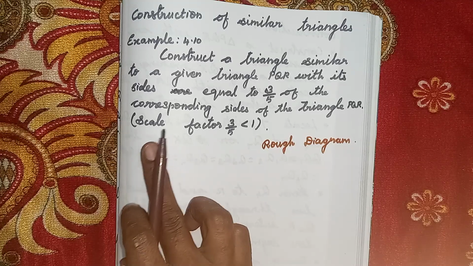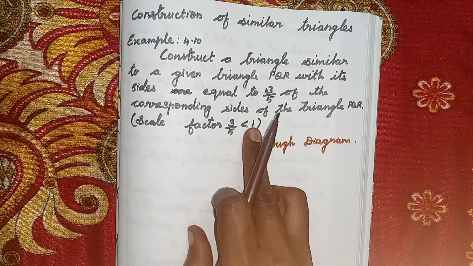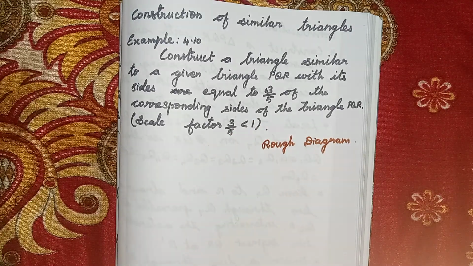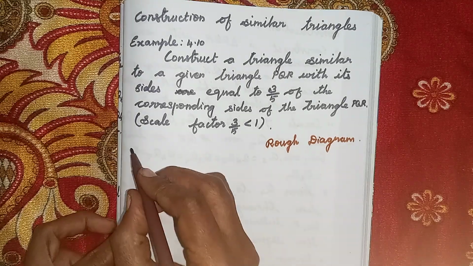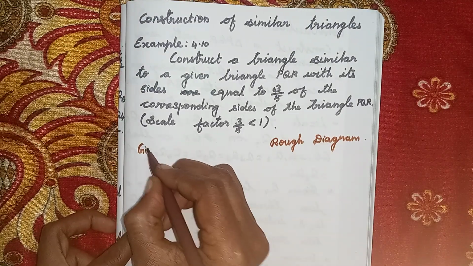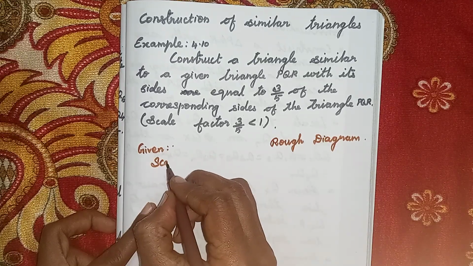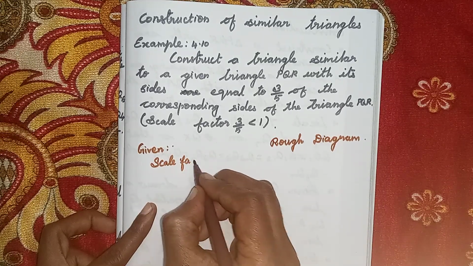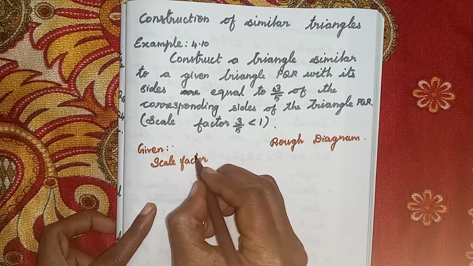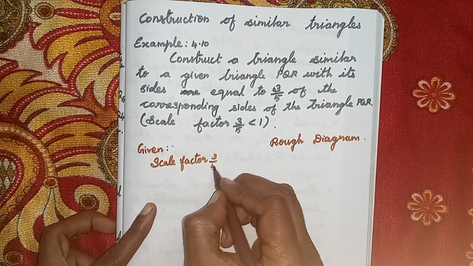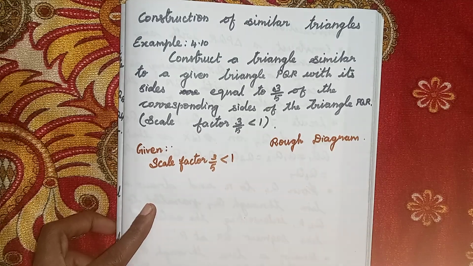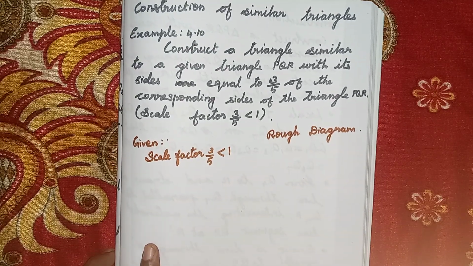What is given? Scale factor 3 by 5, that is less than 1.